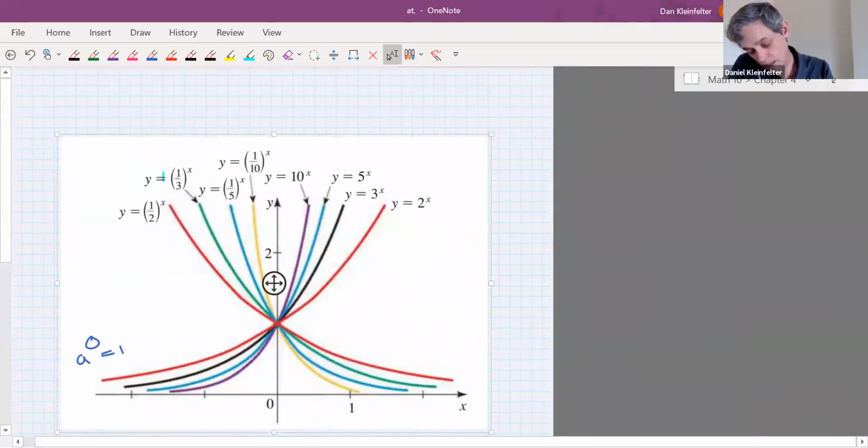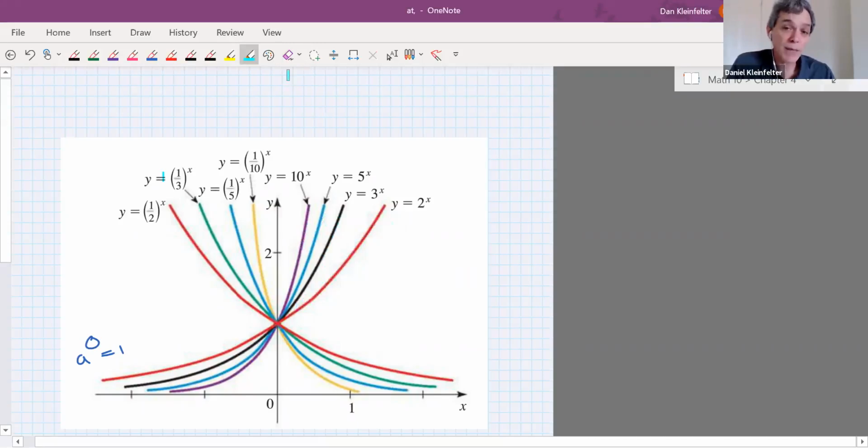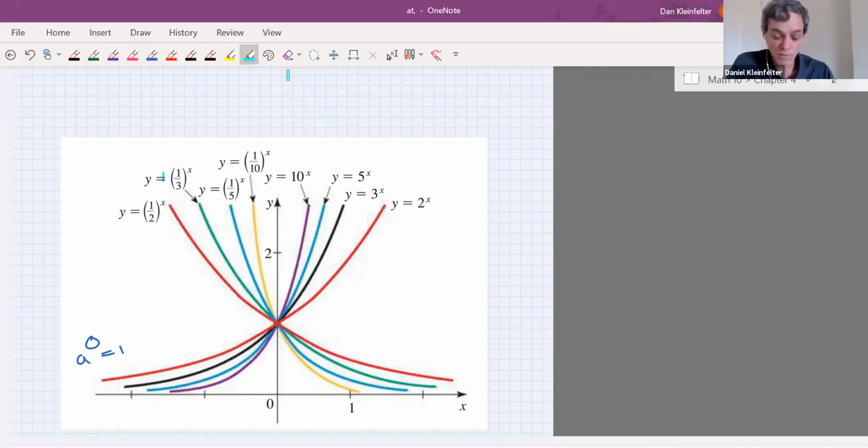Let's zoom out a little bit. The graph of 2 to the x here in red is increasing, as are 3 to the x, 5 to the x, and 10 to the x, and so on. Also you'll notice that the bigger the base is, the quicker the growth is. That's characteristic of all these where the base is larger than 1.